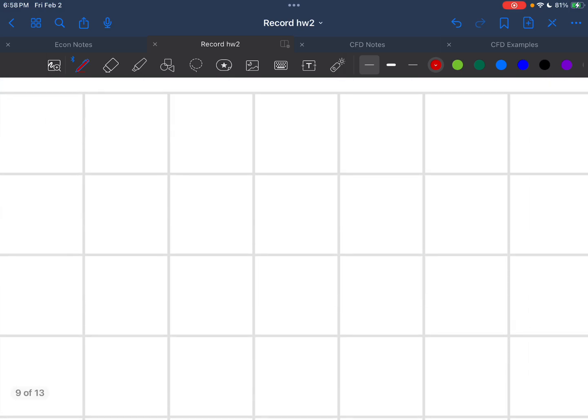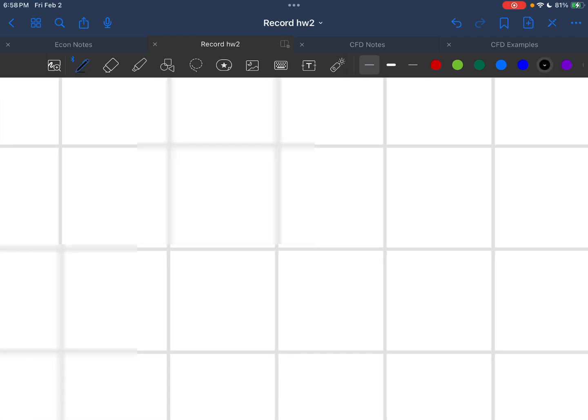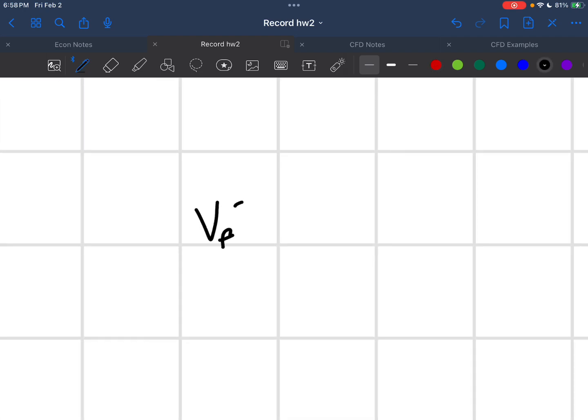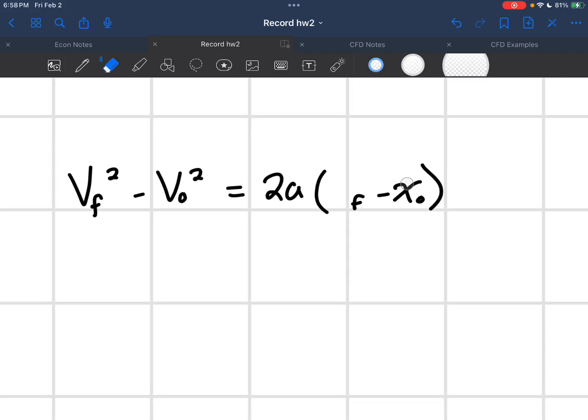I'm solving for time in velocity and plugging into position. We have our third kinematics equation that did that for us. Vf squared minus v naught squared equals 2a times x final minus x initial. Right? And just to keep things consistent, I'm going to swap these for y.